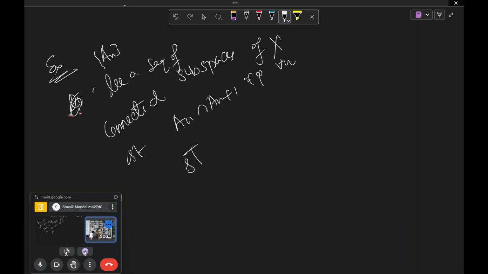Show that the union of A_n is connected. So A_n is a sequence of connected subspaces such that their consecutive intersections are non-empty. We need to show that their whole union is connected.